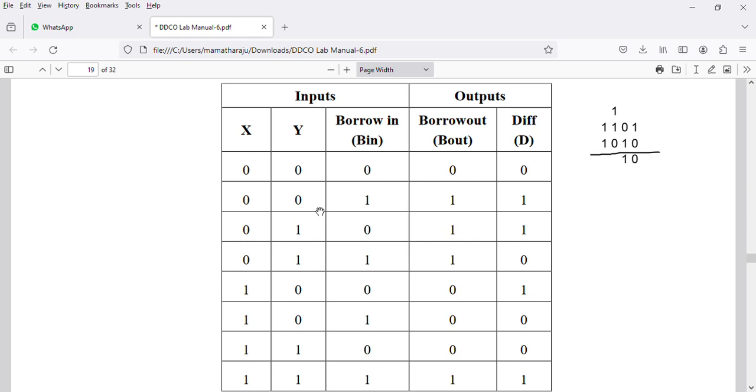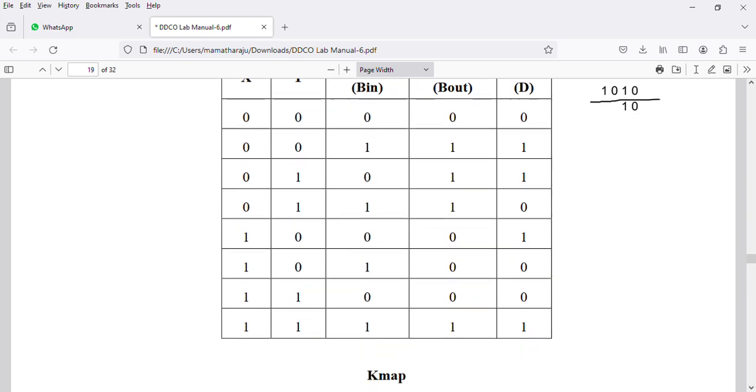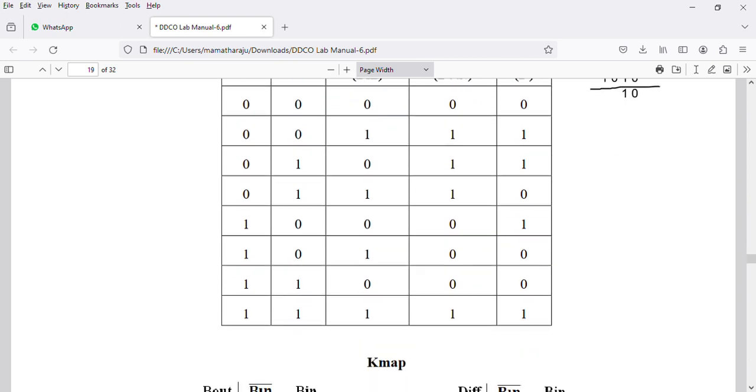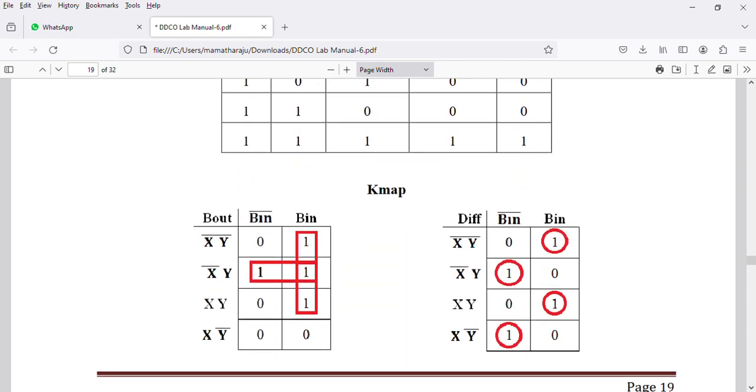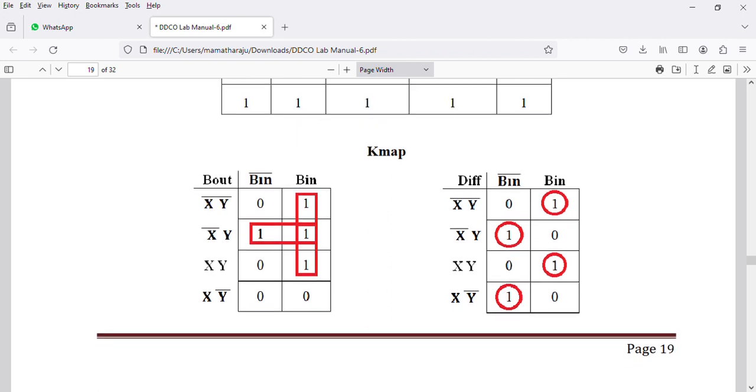As in the half adder and half subtractor, we get the same type of table. We'll get the equations of borrow and difference by using the K-map.